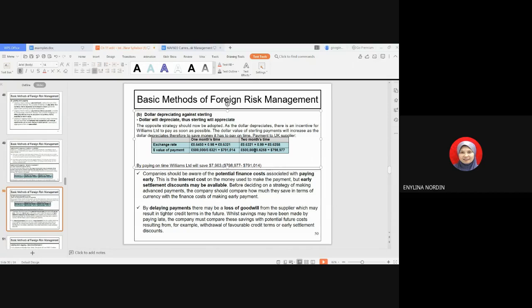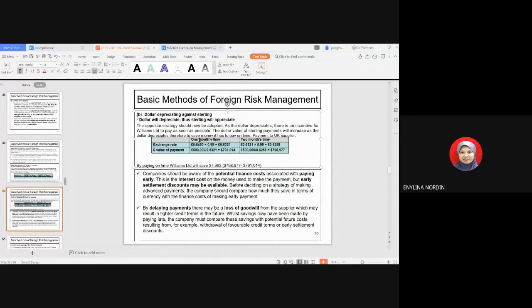The US company is going to pay in sterling, which is expected to appreciate, so there will be more dollar to be converted into pound. So the company should adopt the leading strategy. The US company should pay as soon as possible.